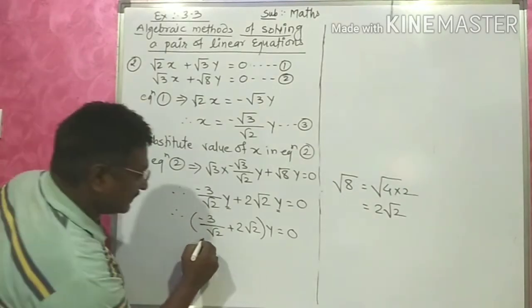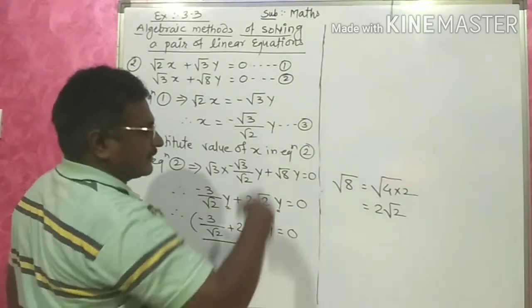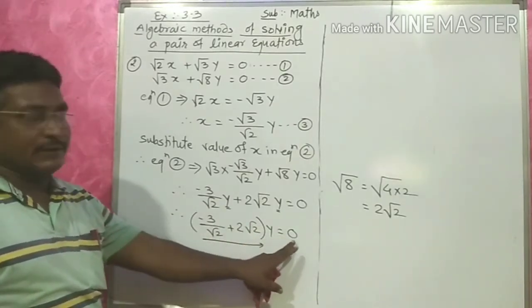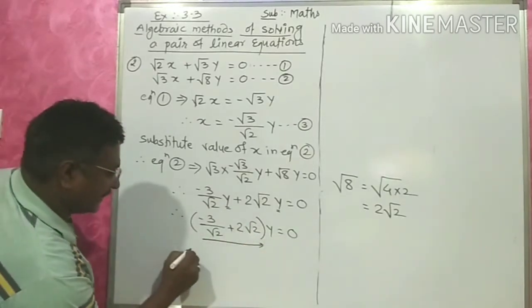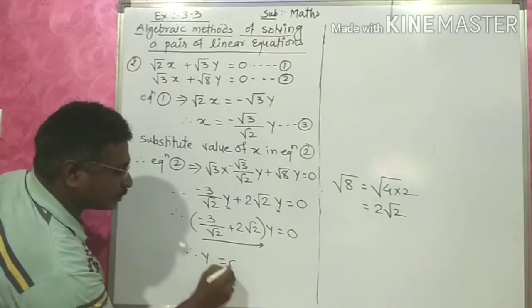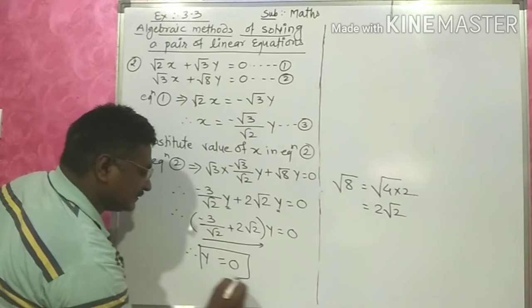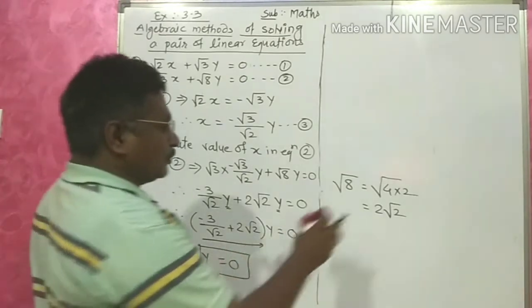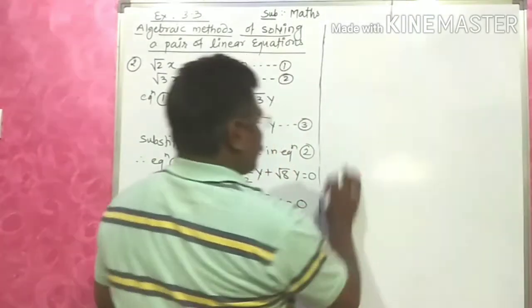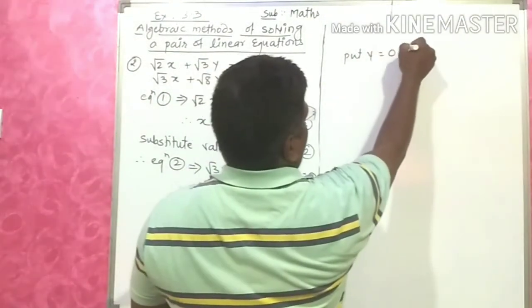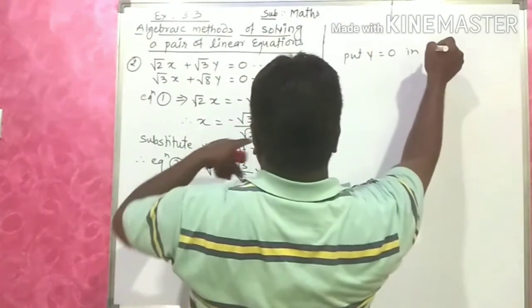Now if we transfer this term to the other side, it goes into division, so the value of y equals 0. Got the value of y? 0. Now put y equals 0 in equation 3.